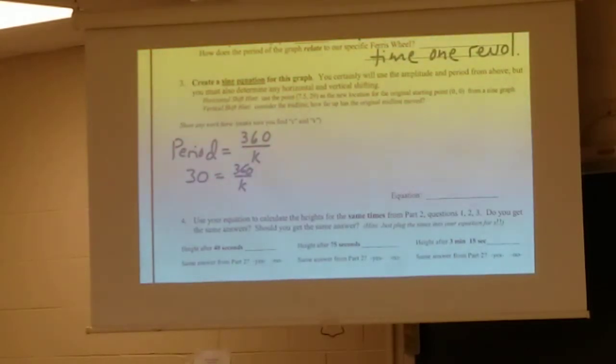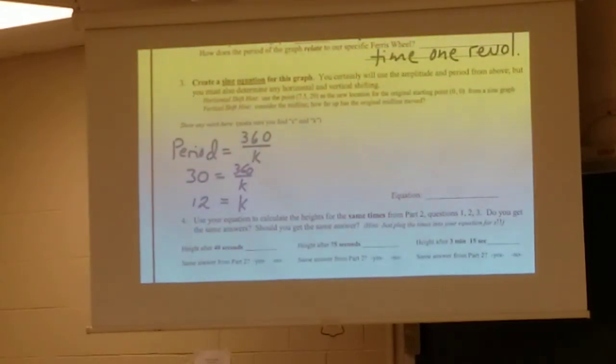And when you divide, you end up getting the K value of 12. Sometimes students aren't sure if you're allowed to mix and match numbers like this. Yes, I'm mixing 360 with the number 30. And when I mix those together in that formula, I get a K value of 12. And that is all okay.